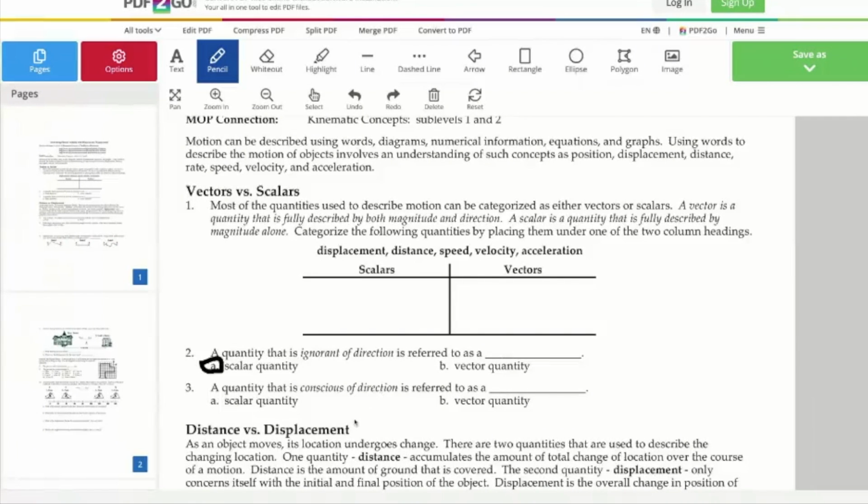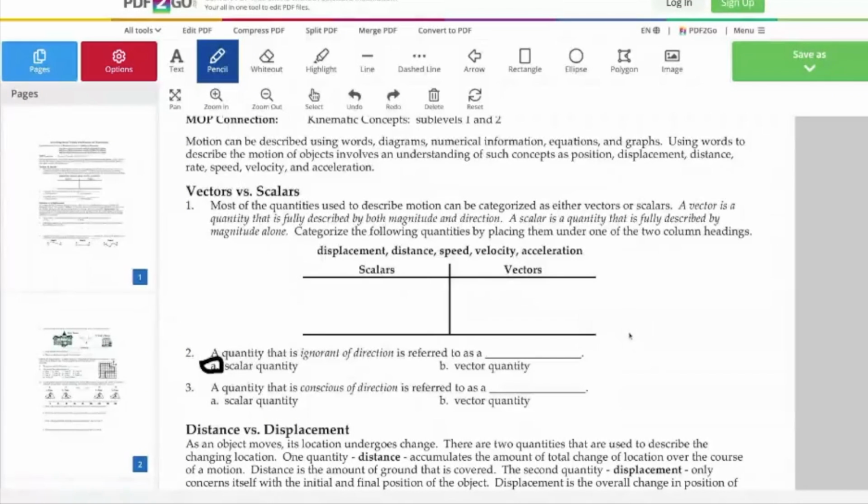Now, number 3. If you got that one right, you can probably guess this one pretty easily. Someone asked, what are scalars and vectors? You can see right here, a vector is a quantity that is fully described by both magnitude and direction. Magnitude is something that has units, something that has a value.